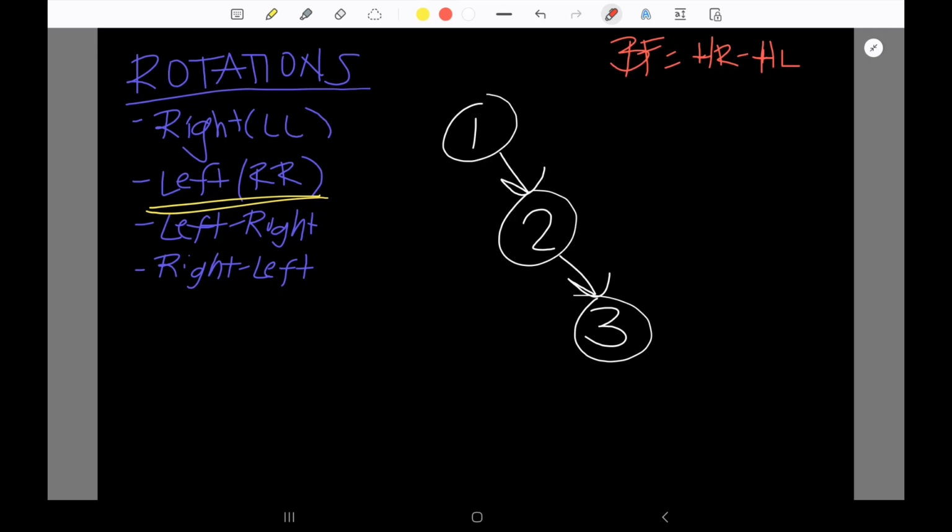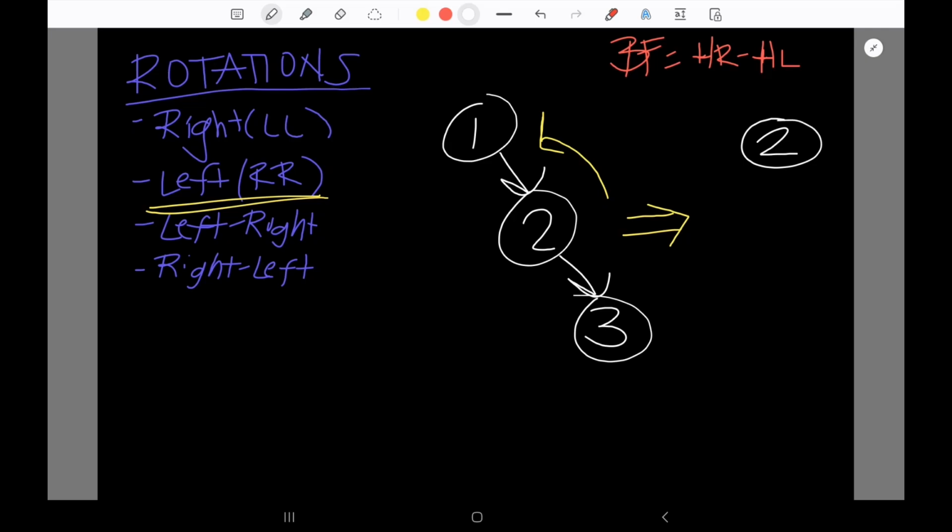So now we're gonna rotate it to the left, like that, for the tree to be balanced. So if we rotate it, we're gonna get the middle as the root, right? That's what I've mentioned.